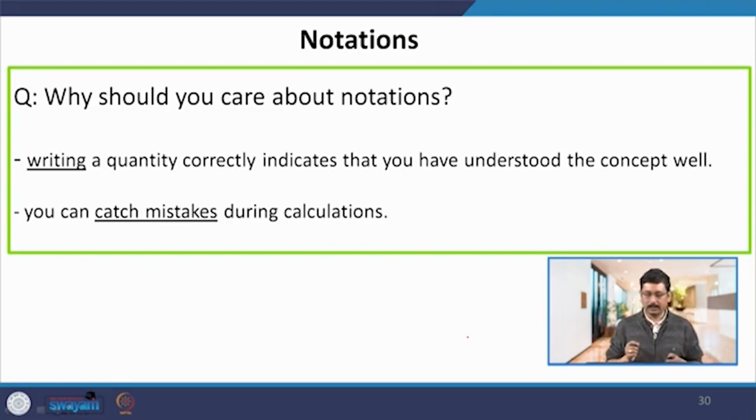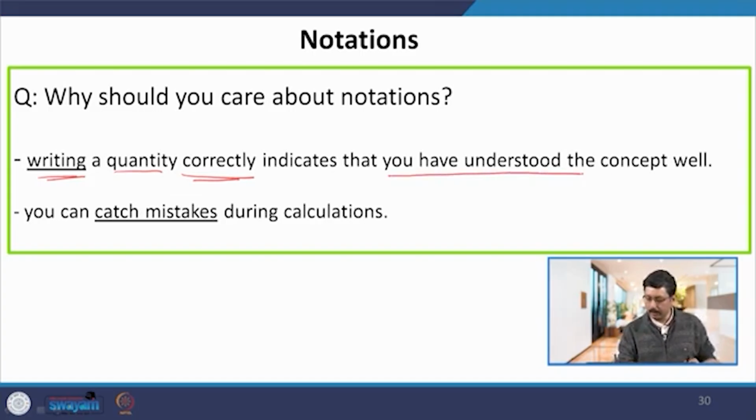Okay. Now, I want to mention a couple of comments on notations. This is based on my experience of teaching mechanics to first year students. Usually students do not pay enough attention when writing the symbols of the quantities, but this is a mistake. Just trust my word that if you can write down a quantity correctly, it indicates that you have understood the concept well.